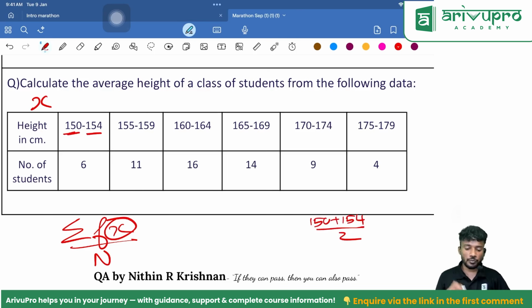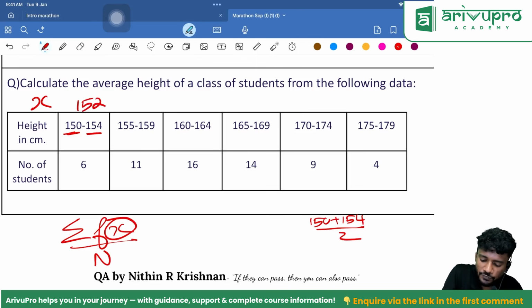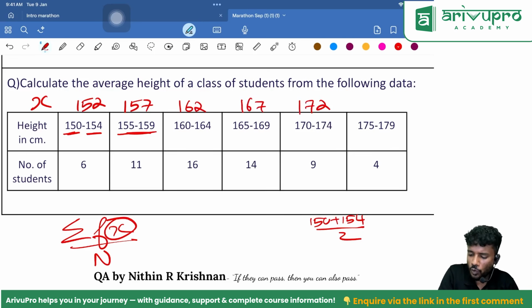The mid value should be taken as the x value. How much is it? 152. The next will be 157, then 167, 172, 177. We got everything? Yes.